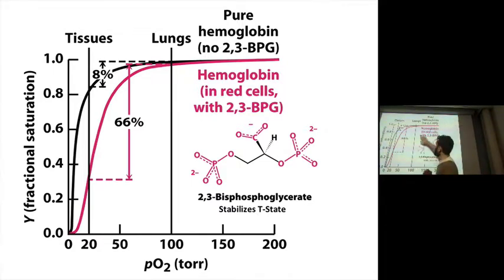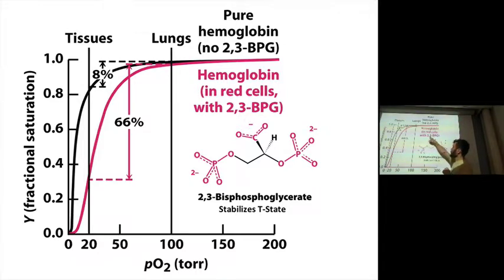Hemoglobin in red blood cells does perform the way I showed you, where we have this 2/3 of the oxygen being transported during exercise from the 20 torr up to the 100 torr. Why? What's different?